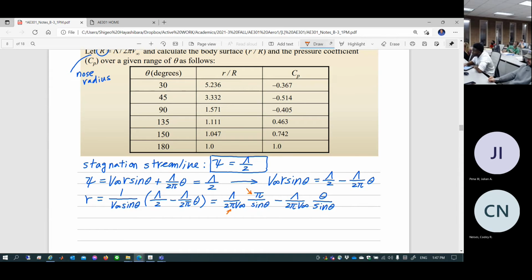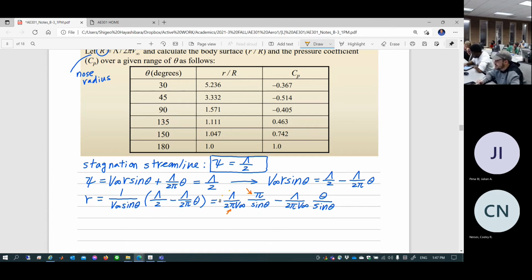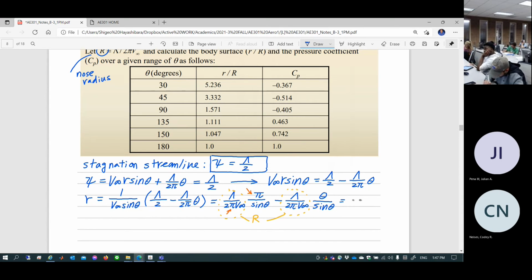Because I know that this is R, and this is also R. So it's really easy to factor out R. So this is going to be R times pi minus theta over sine theta.